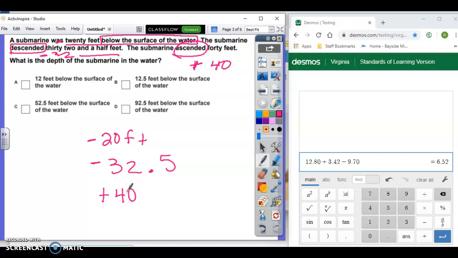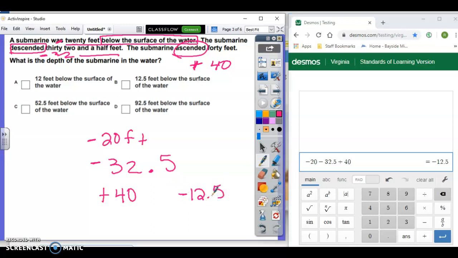Now it says, what is the depth of the submarine in the water? So we're going to do all of these numbers here in our calculator. So we have negative 20 minus 32.5 because they descended. And then we're going to add 40 because it says that the submarine then went up. So I get an answer of negative 12.5.